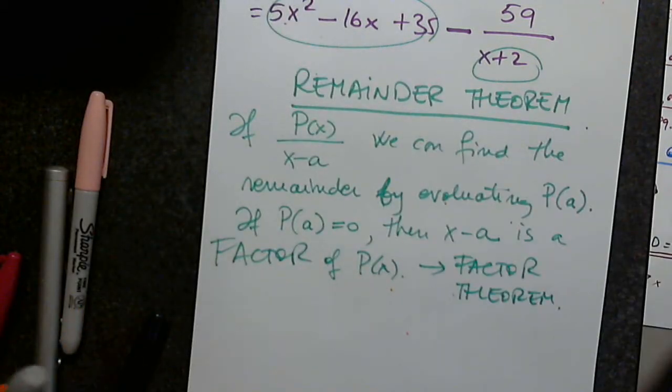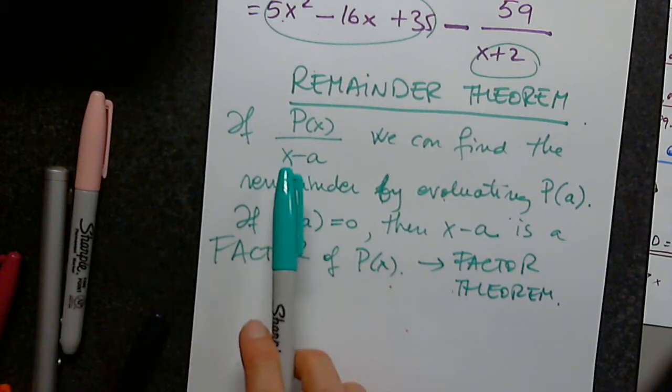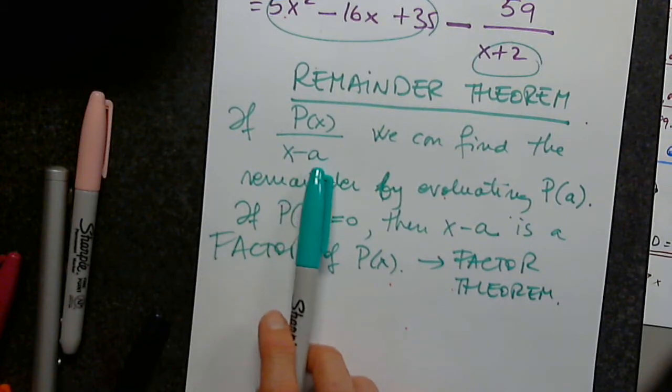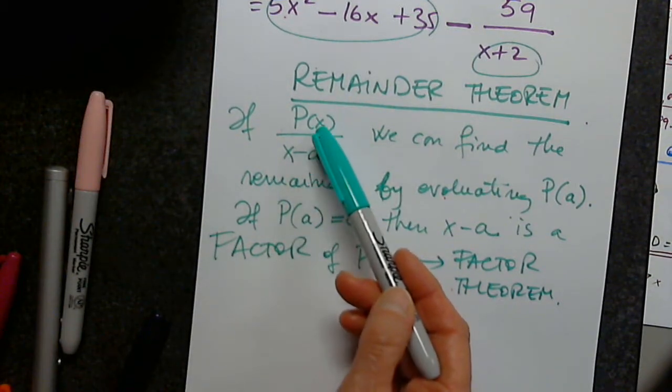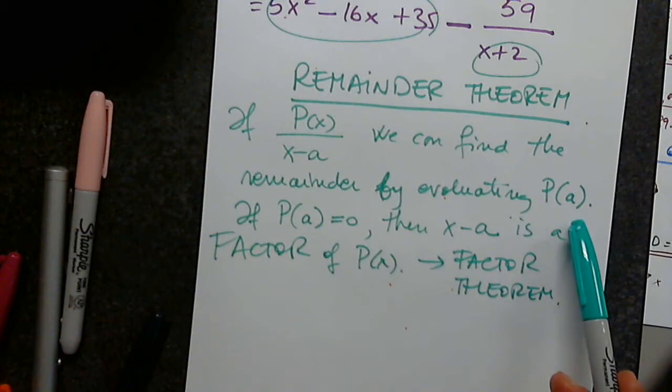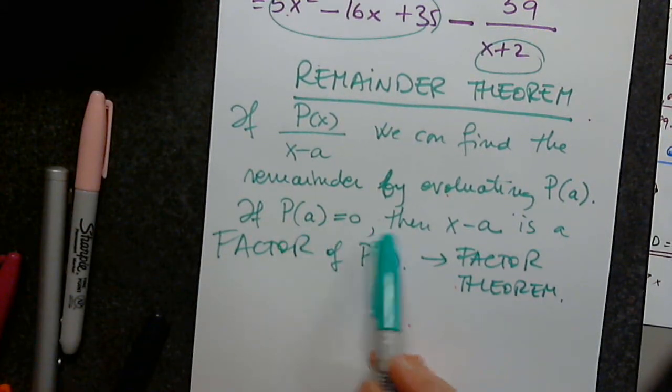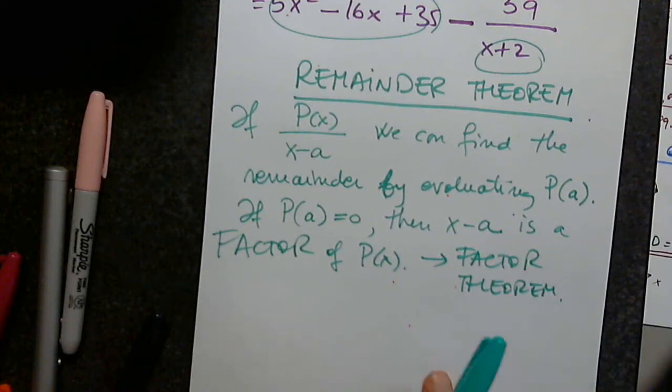Every time we divide by x plus 1 or x minus 3 or x plus 5, I plug in a in this polynomial, and that will give us the remainder. If the remainder is 0, if P of a is 0, then x minus a is a factor of this.